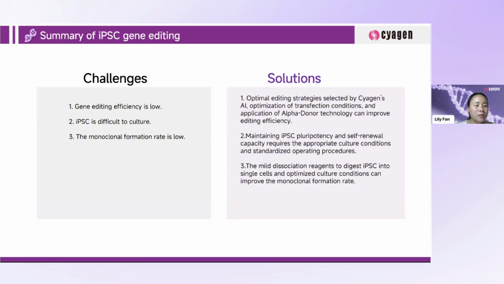Second, maintaining iPSC pluripotency and self-renewal capacity requires appropriate culture conditions and standardized operating procedures. Mild dissociation reagents to digest iPSC into single cells and optimized culture conditions can improve the monoclonal formation rate.